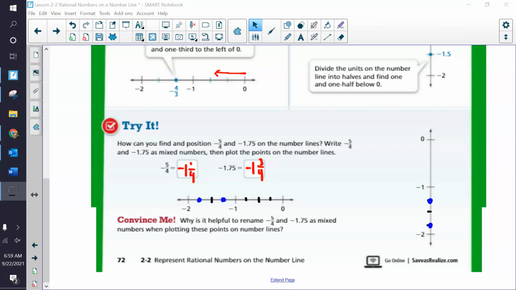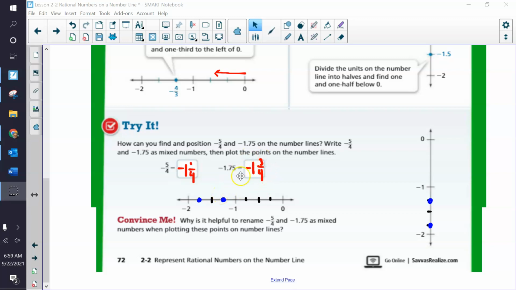Okay, here we go with our answers. First, we want to think of these as mixed numbers. So -5/4 is -1 1/4, and here we have the mixed number. That means when we start at 0 and move in the negative direction, we need to pass -1 and then go 1/4 more.